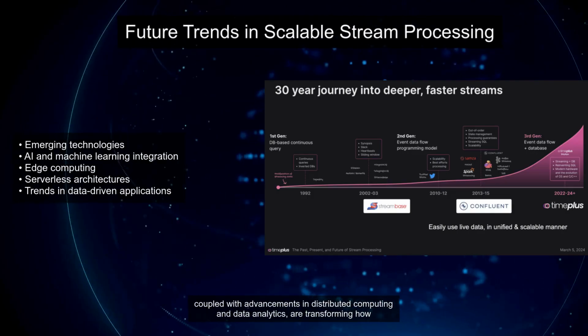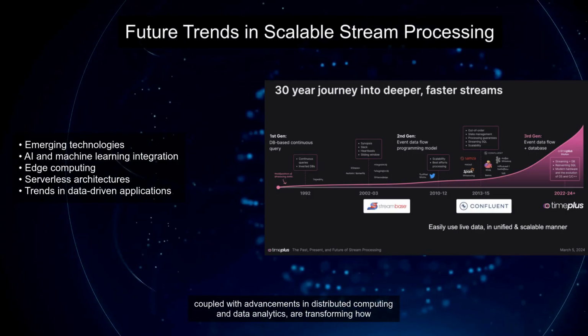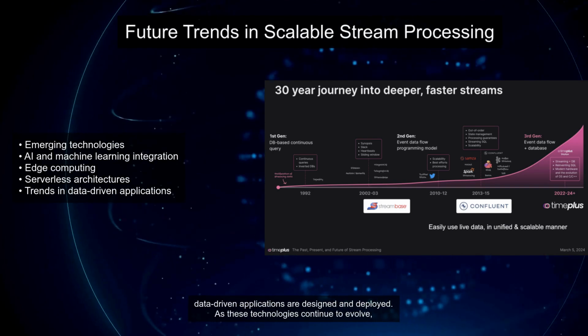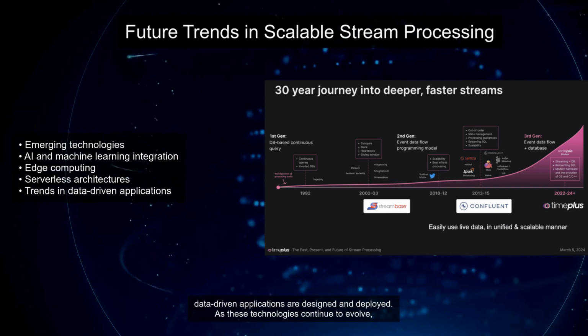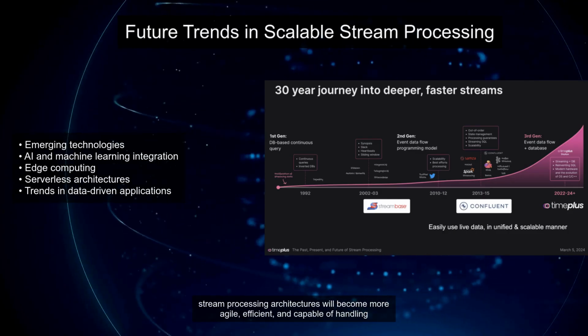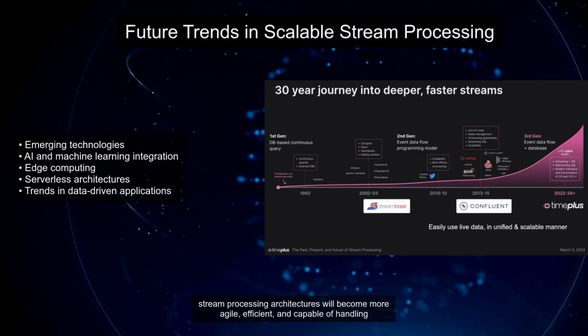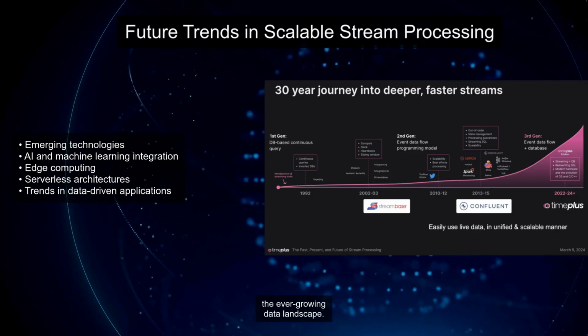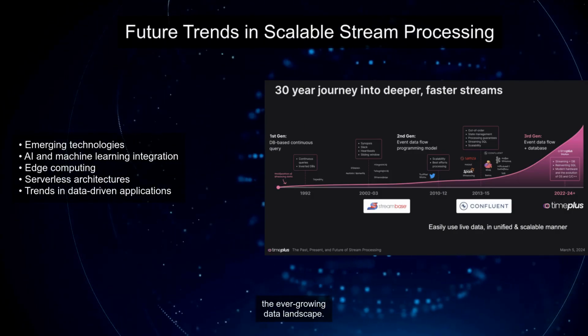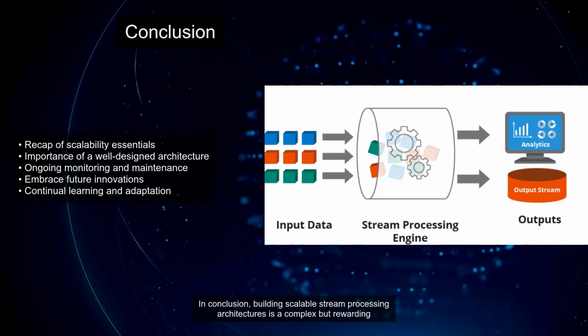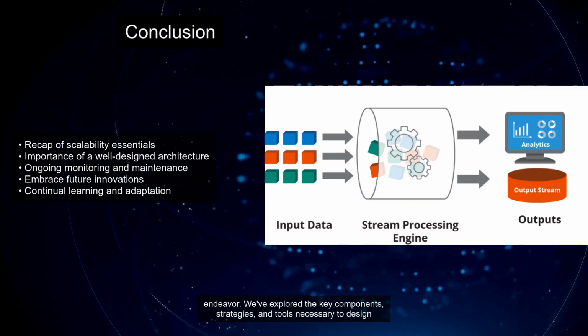These trends, coupled with advancements in distributed computing and data analytics, are transforming how data-driven applications are designed and deployed. As these technologies continue to evolve, stream processing architectures will become more agile, efficient, and capable of handling the ever-growing data landscape.